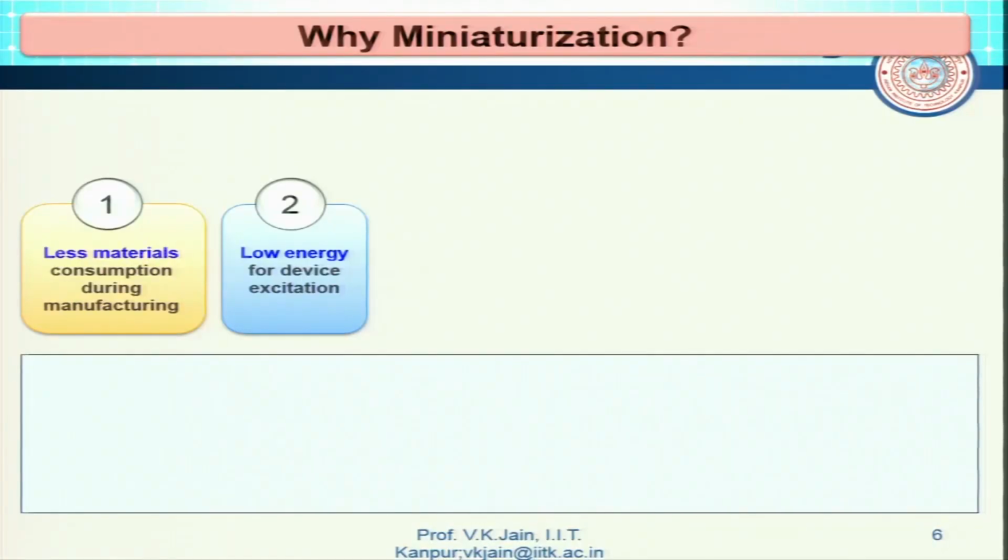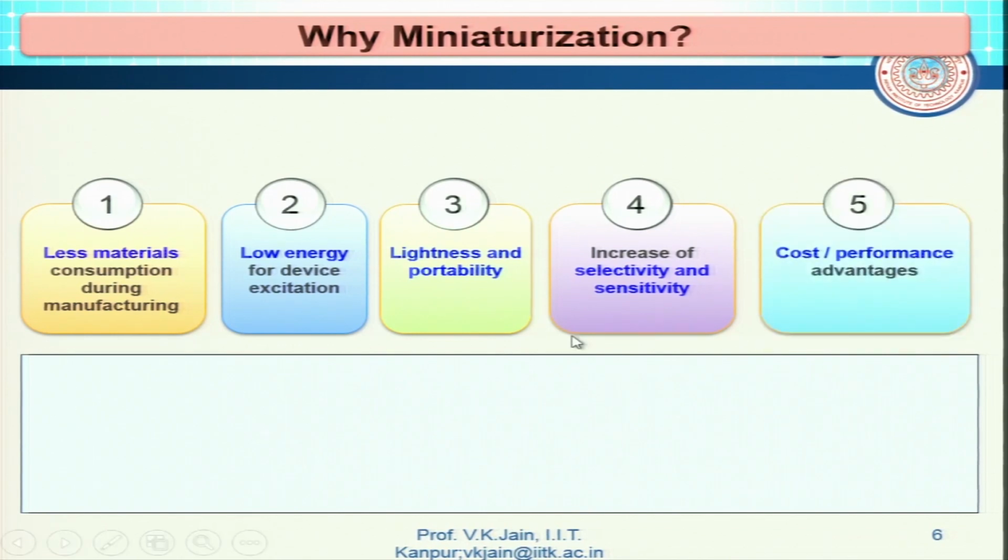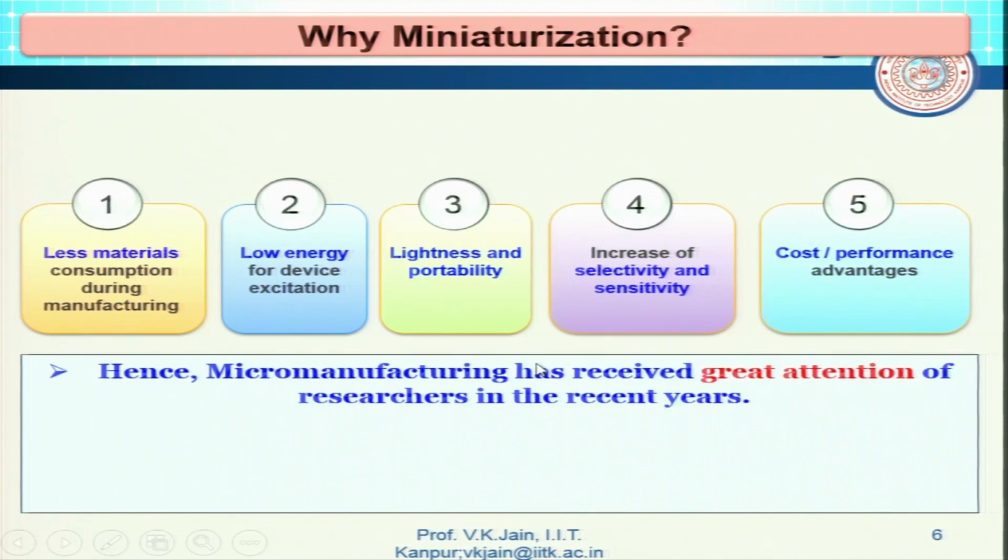I have discussed it while dealing with micro machining, but it is needed here because of less material consumption during manufacturing, low energy for device excitation, lightness and portability, increase of selectivity and sensitivity, and cost performance advantages when we go for miniaturization.